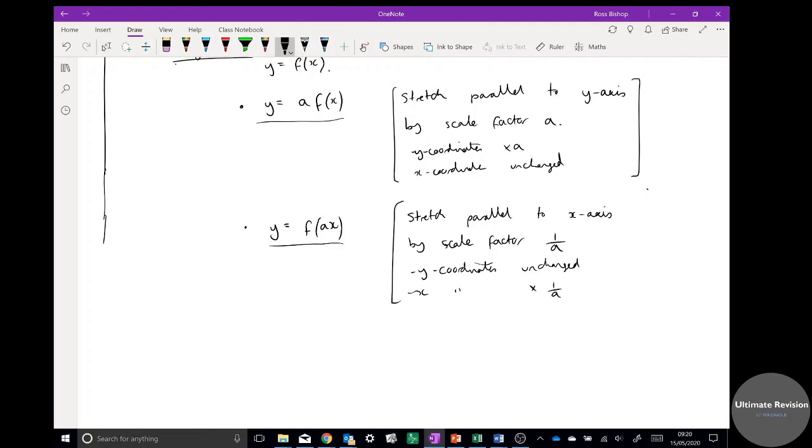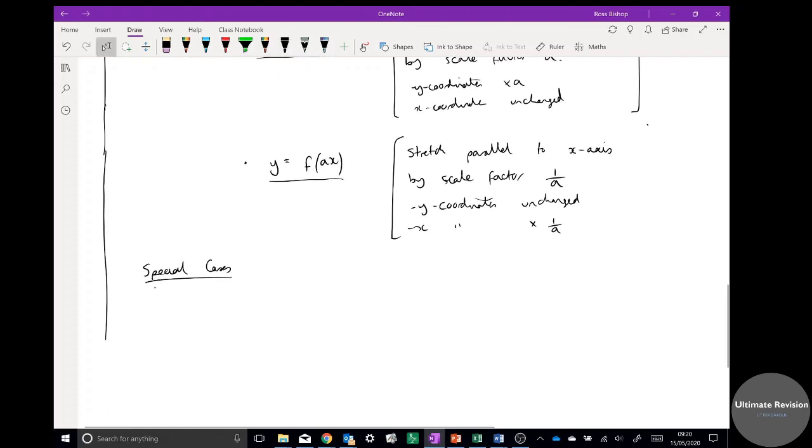Now there are a couple of special cases of these which you do need to recognize. So if you have y equals minus f(x), so the scale factor is -1 in the y coordinate, you might have a think about why this would happen, but you're timesing all the y coordinates by -1, which in reality will be a reflection in the x-axis.